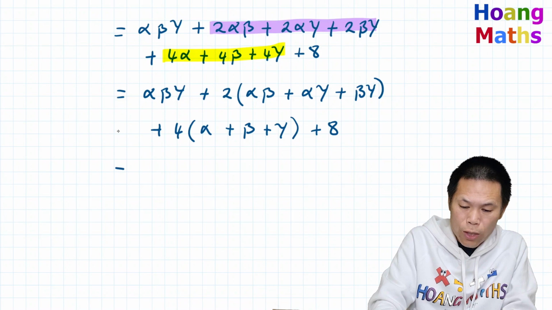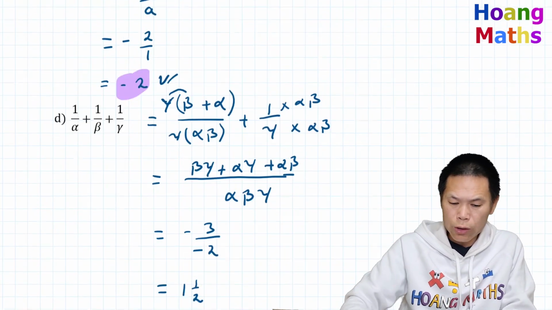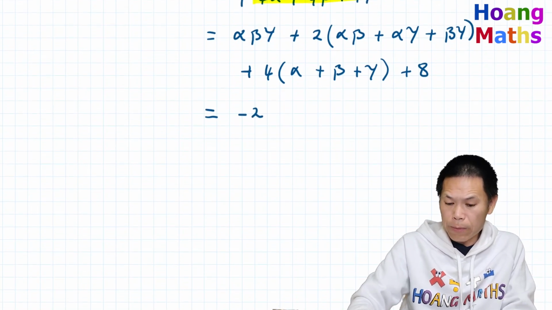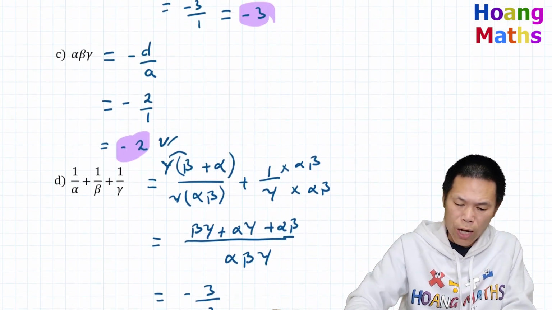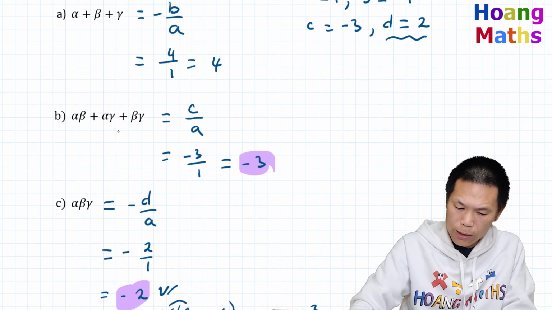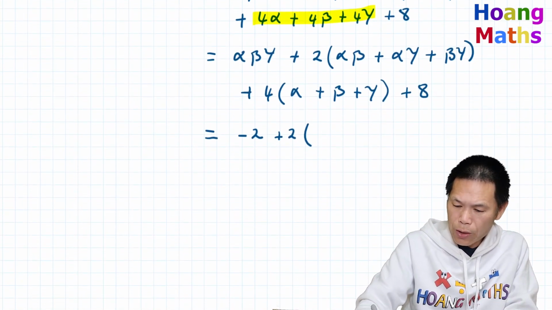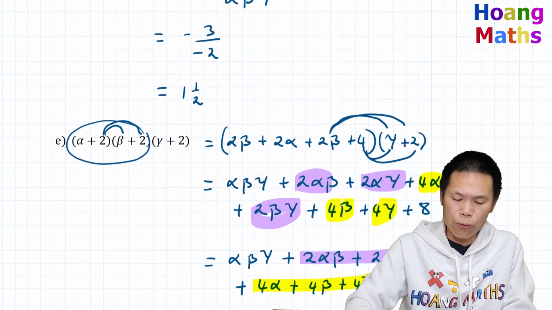So what I do now is I just substitute this value in. So first of all, we know that the product of the roots is -2. So let me just write this down. So -2 and then plus 2 lots of the sum of the products of the roots. So that is -3. Let me write this down. -3, and then we add 4 lots of the sum of the roots.